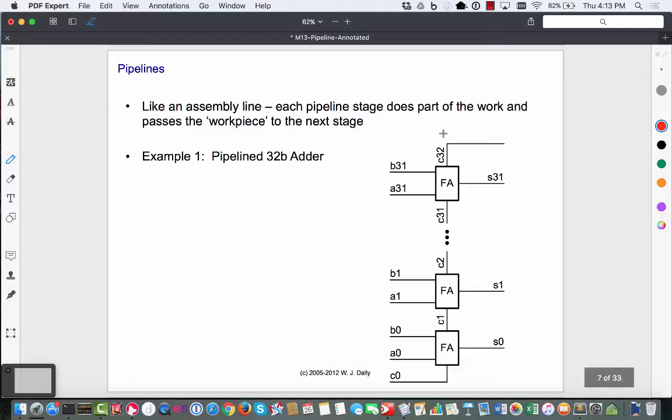So, taking our adder example, we can think of this bit serial adder, this ripple carry adder, as one where the stages of work correspond to the different bit positions.